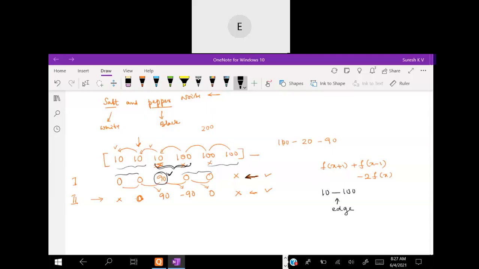Okay, now look at the second derivative. Here also you can see that whenever they are smooth, it is 0. But near the edge, what you will see is a variation from 90 to minus 90. 90 to minus 90 means it is actually, in fact, 2 times this 90.